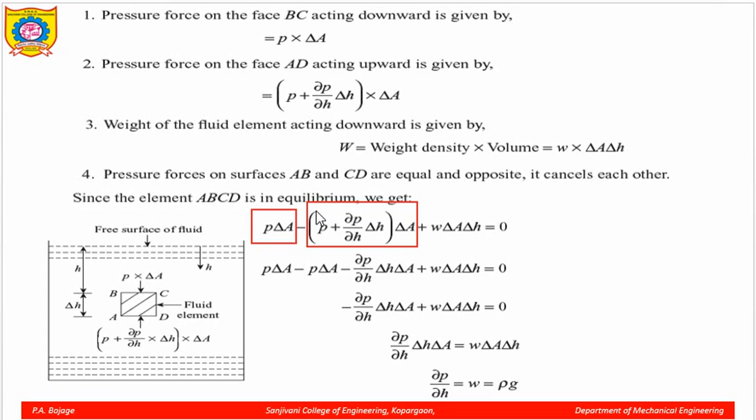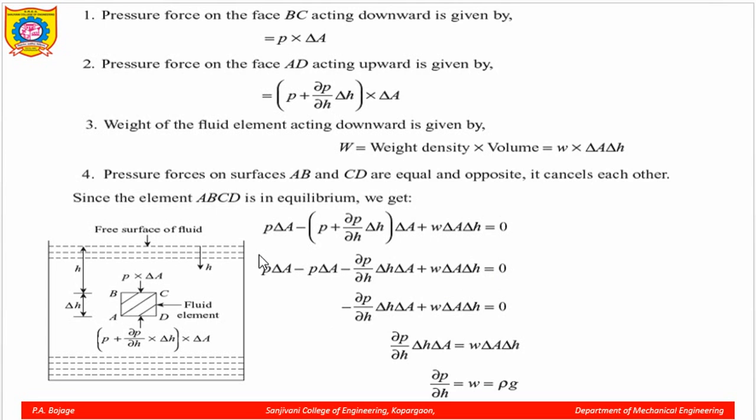As it is in the upward direction, we take the sign convention as negative, and the self weight acts in the downward direction, so we add that. When you simplify, you get P into delta A minus P into delta A minus delta P upon delta H into delta H into delta A, plus W into delta A into delta H, is equal to 0.